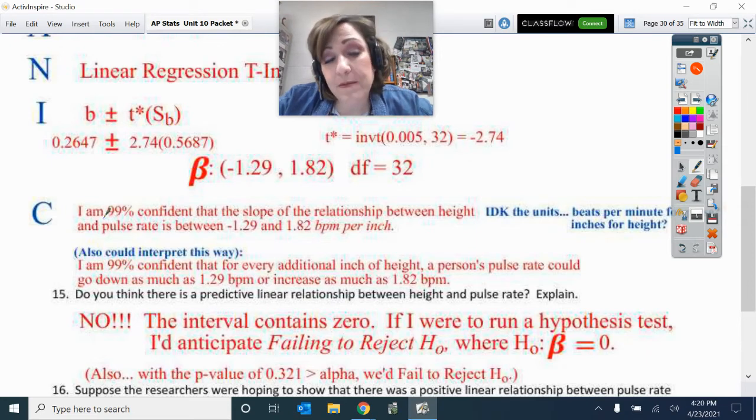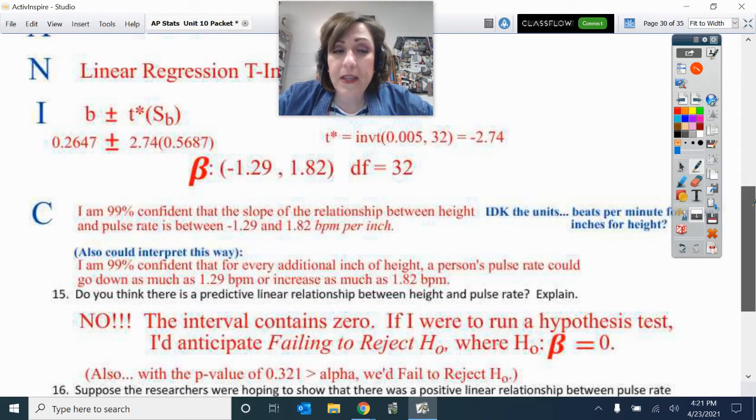So I am 99% confident that the slope of the relationship between height and pulse rate is between negative 1.29 and 1.82. They didn't give me units, but pulse is usually beats per minute, and then per inch of height. So I need to put those units in there for next year.